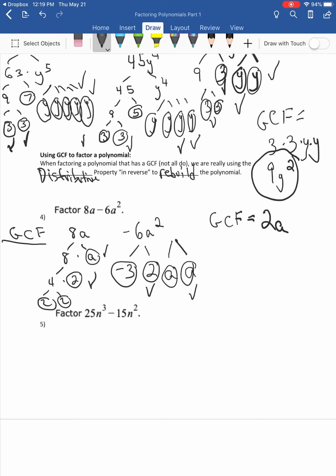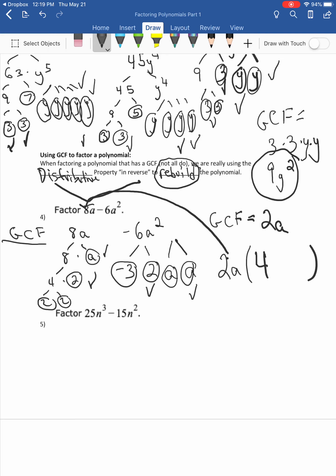All right, so what I'm going to do is take that GCF, 2a, and open up a set of parentheses, okay? So we want to rebuild that polynomial using distributive property in reverse, backwards. So 2a times what makes 8a? Well, 2a times 4, we already have that a. We need an 8 from the 2, so we need a 4 in there, okay?